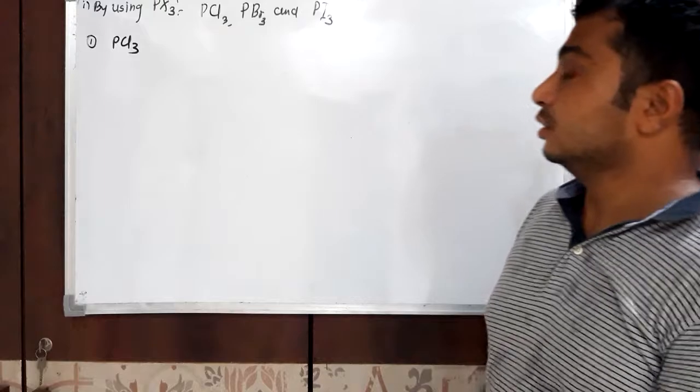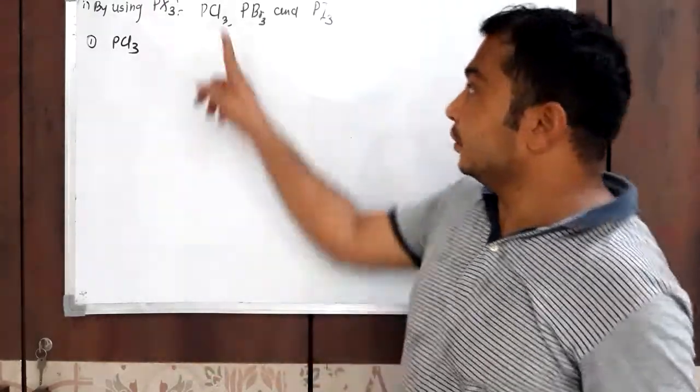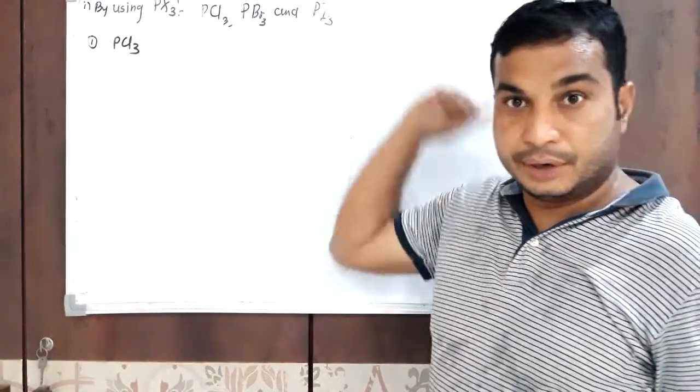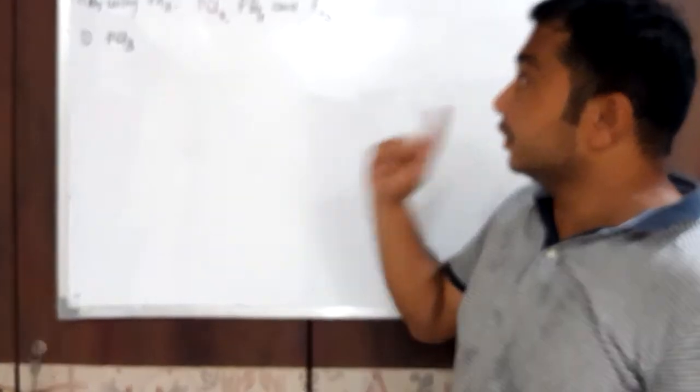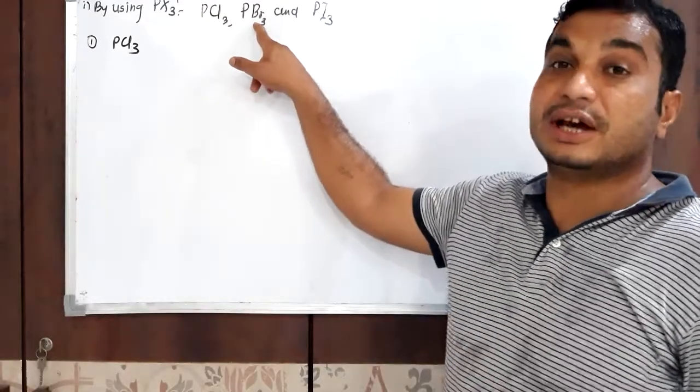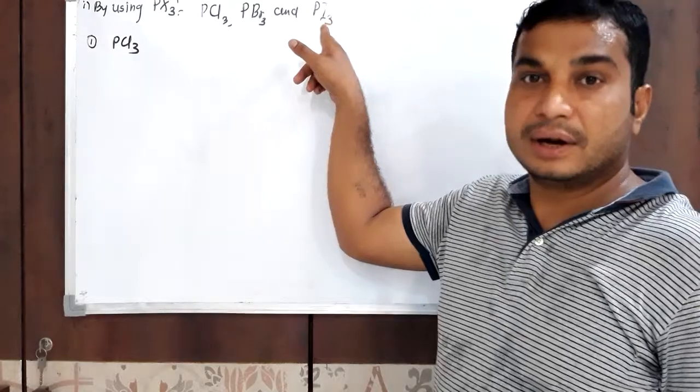If you want to prepare alkyl chloride, we use PCl3. For alkyl bromide, we use PBr3, and PI3 for alkyl iodide.